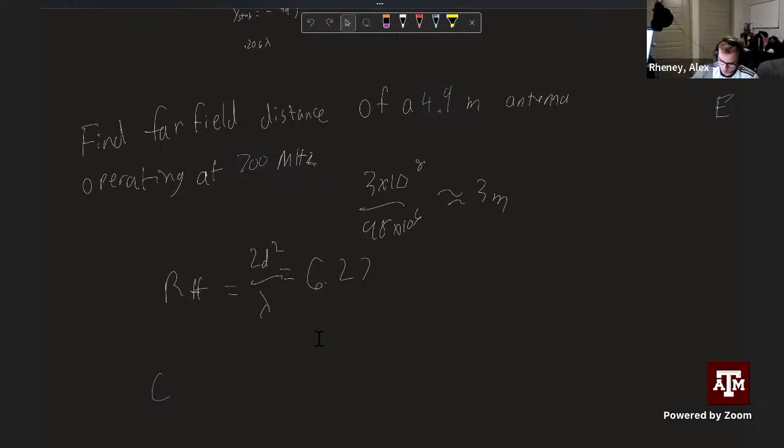So you have 2 times 4.9, which is in meters. If it wasn't, you would have to convert it to meters or just have your final answer in whatever distance you had originally. So 2 times 4.9 squared over 0.428571. And then that'll give you a final distance of 112.047 meters.